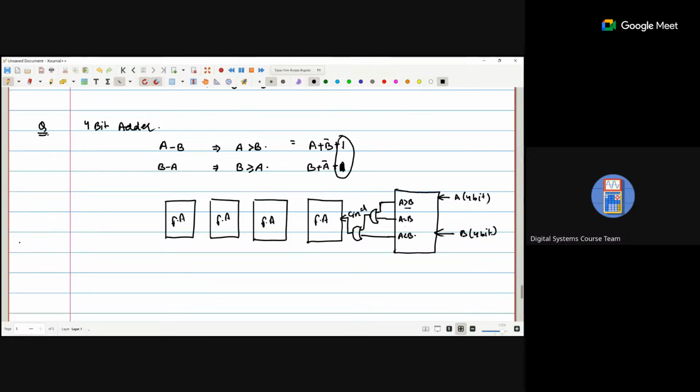That means C in is 1. Any case C in will be 1. So this one will be added. Any doubt?